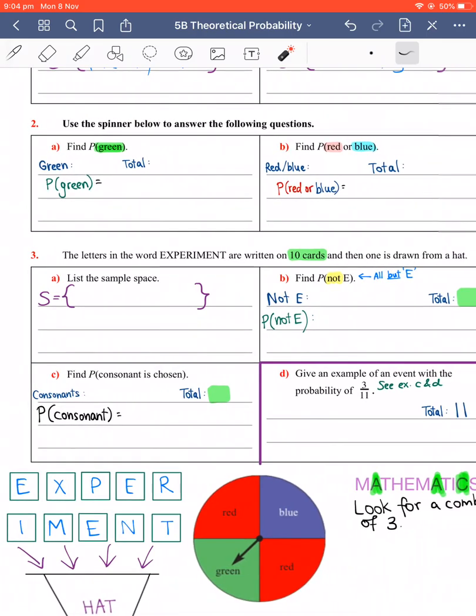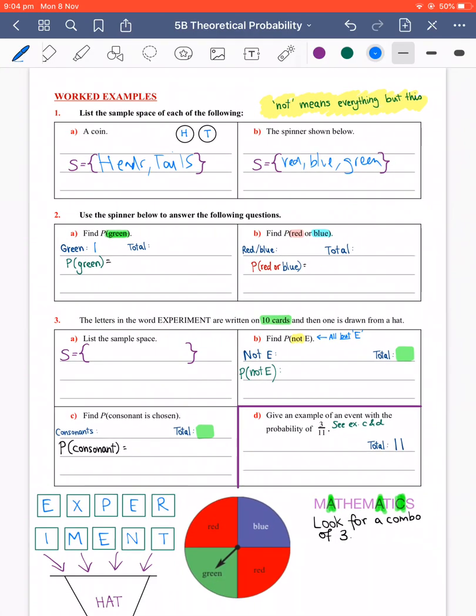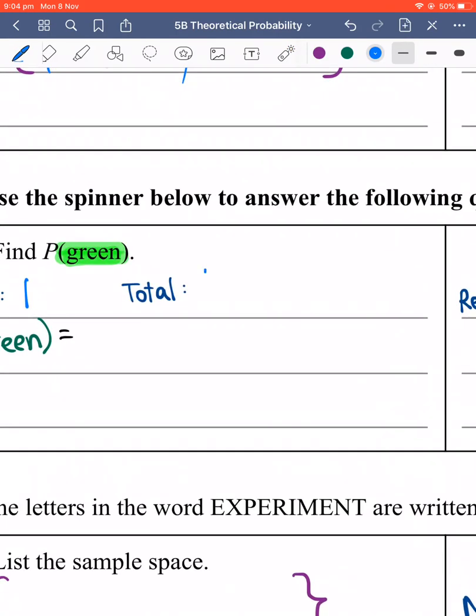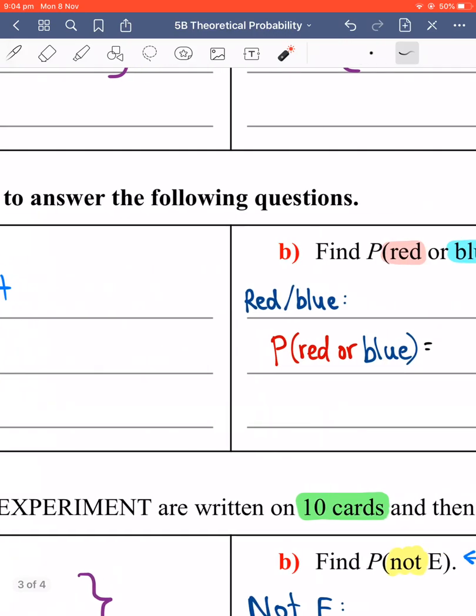So for green, there is one green here. So this is a good way to keep track of things. And there are four total, so 1, 2, 3, 4 total outcomes. And that means that we can now write up our probability, which will be 1 over 4 for the probability of getting green. So 1 out of our 4 total outcomes.